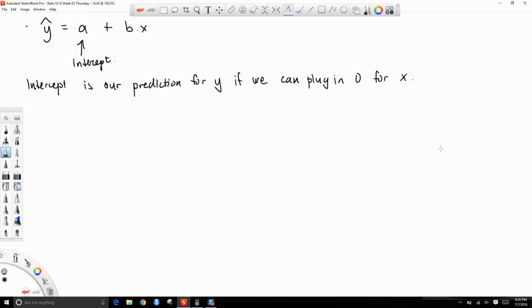Sometimes it makes sense to plug in 0 for x, sometimes it does not. Earlier we had predicted width of the book, so for the books, predicted width is equal to 6.22 plus 0.0366 times pages. So here our intercept is 6.22.